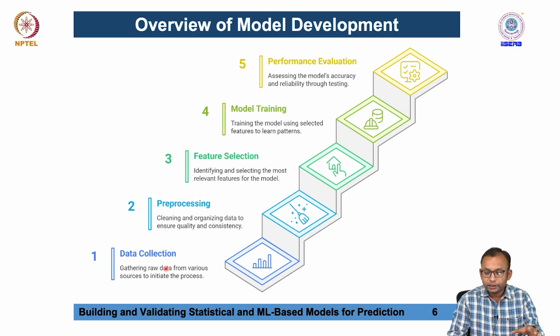We collect those data sets, and we pre-process them if there is any gap in the data, missing data, or any types of outliers, like that. We clean and organize the data, and then we look at feature selection.